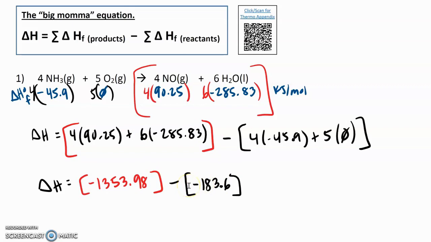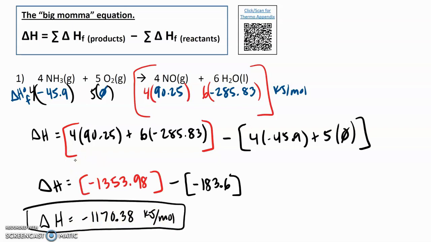So just respect the math, make sure you are following your order of operations correctly, and you should arrive at the correct answer of negative 1170.38 kilojoules per mole. With that negative sign, we know that this reaction is exothermic.